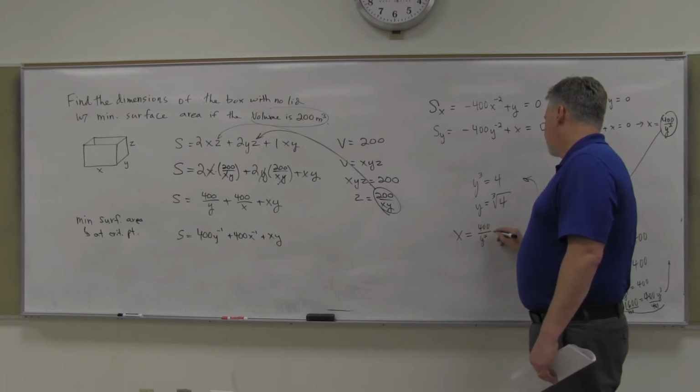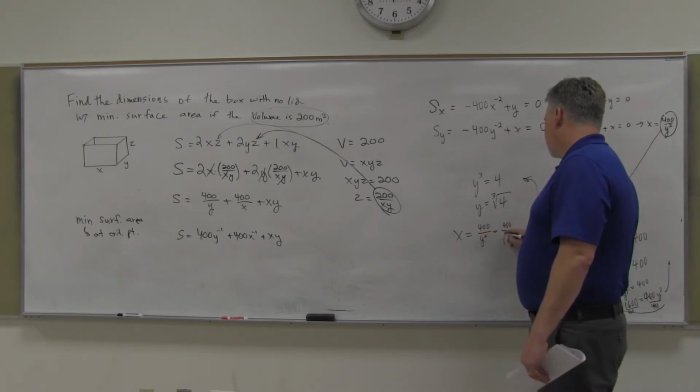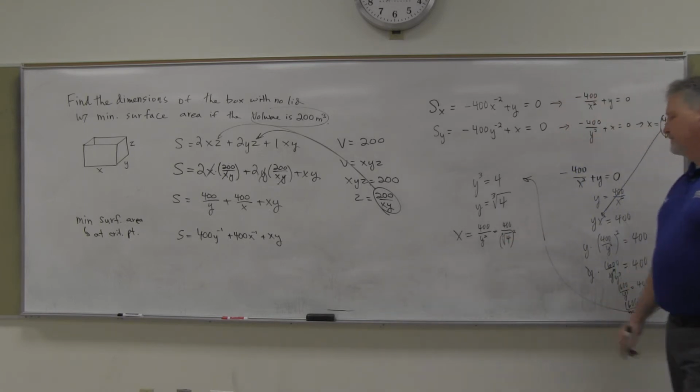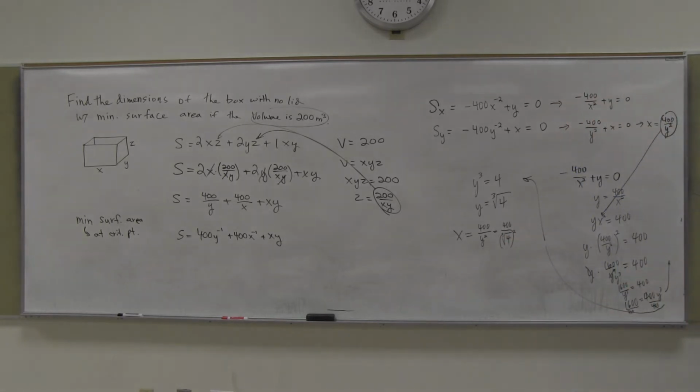So that'd be 400 over the cube root of 4 squared. Something's not looking right. That's not what I got. Where did I get it? 400.